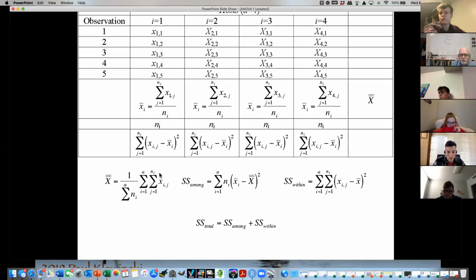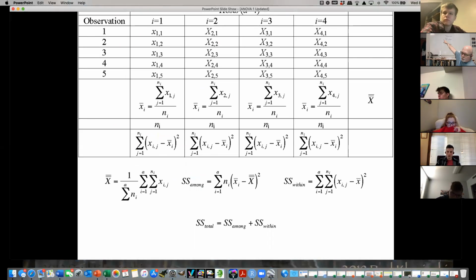That's another way of calculating sums of squares total, by comparing how each individual value differs from the grand mean, squaring that value, and adding those up across everything. When you do those two things, it should equal the same as sums of squares total if you just take sums of squares among and sums of squares within and add them together.